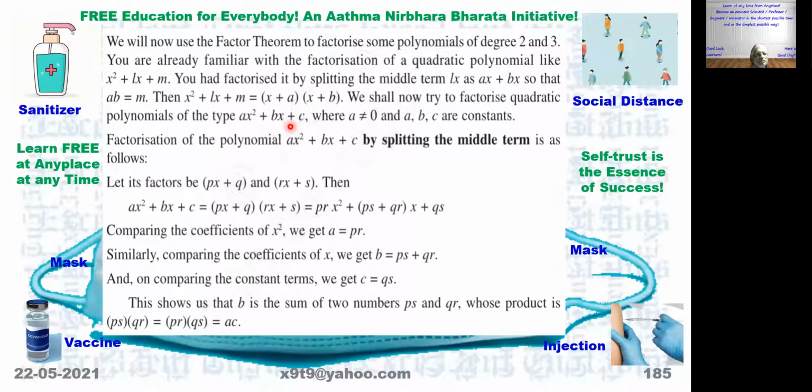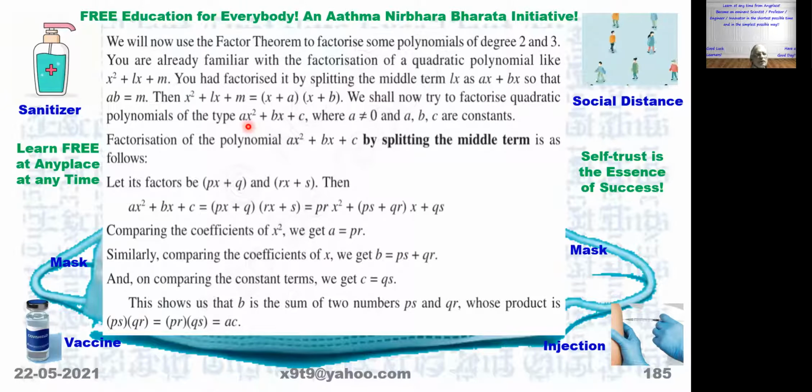So let us factorize the quadratic polynomial of the standard form ax square plus bx plus c, where a is not 0, because if a becomes 0, this term will be absent, and the polynomial becomes a linear polynomial bx plus c, because it doesn't have the term containing the second degree of x. a, b, c are constants.